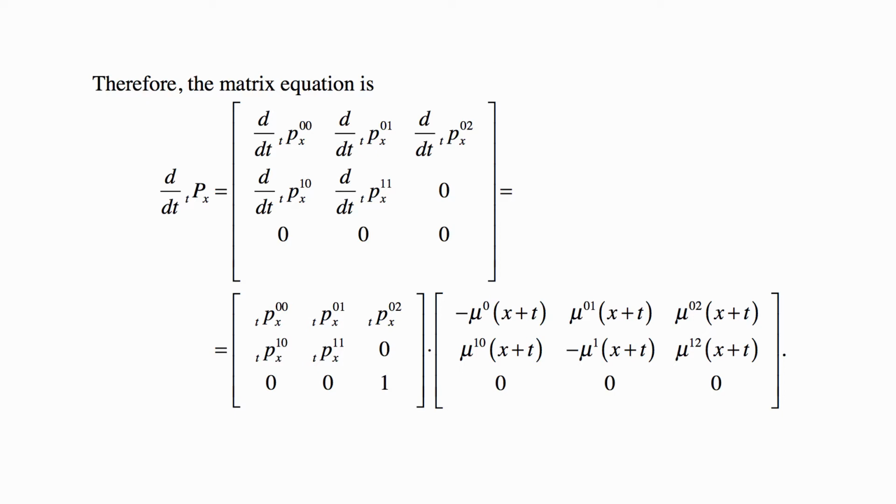And you do that for every entry. And that's how you get all possible Kolmogorov forward equations for all of the parameters in the transition matrix.